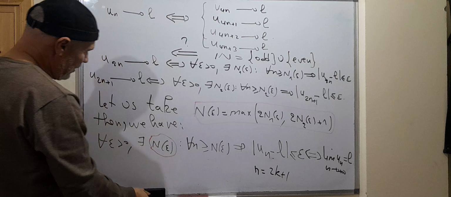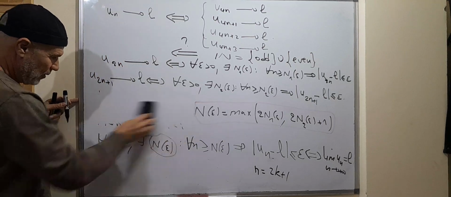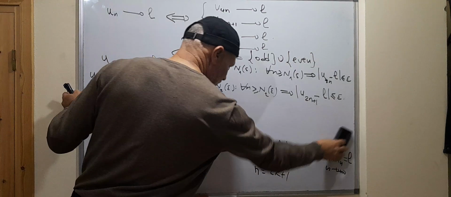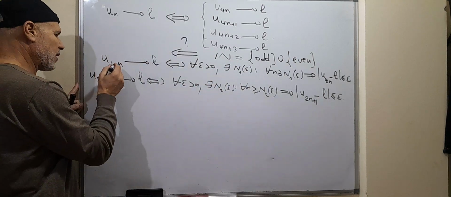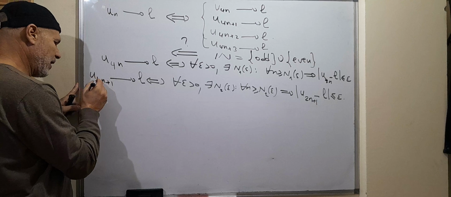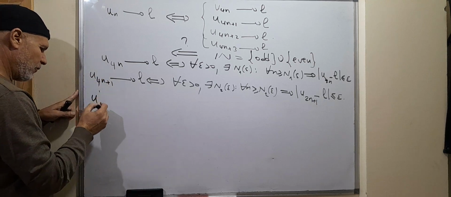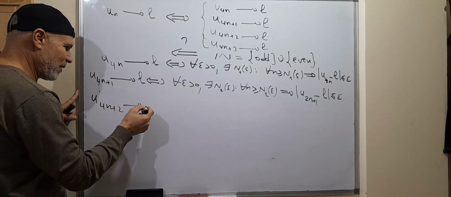Why? Because here at this level we will take u_{4n+1}, u_{4n+2}, the same thing.